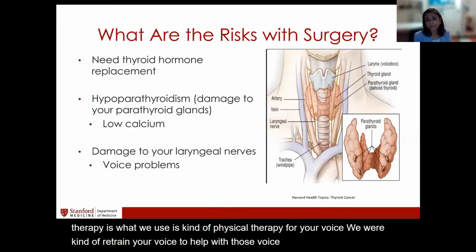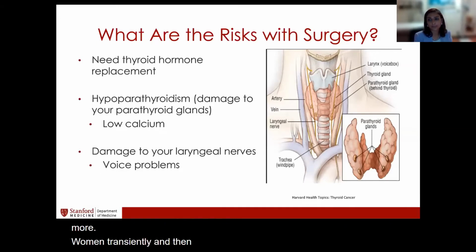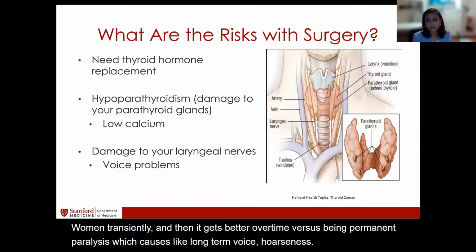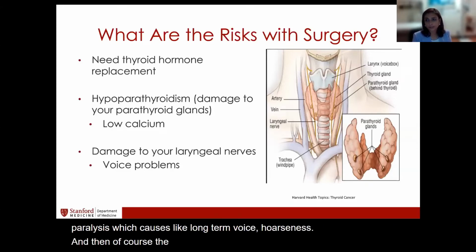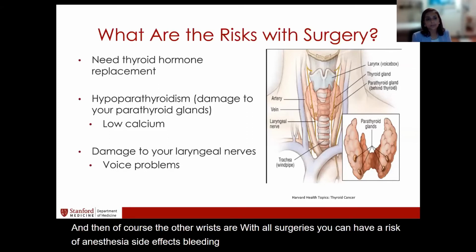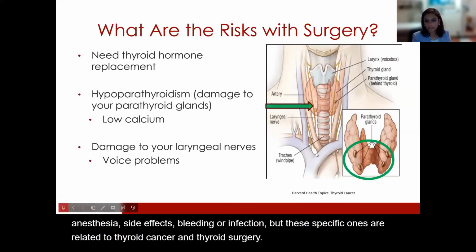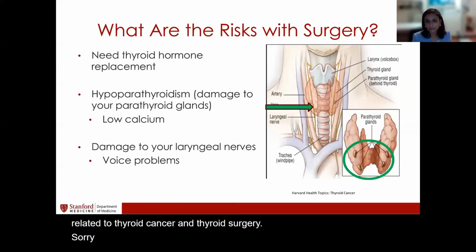That, again, is more common transiently, and then it gets better over time, versus permanent paralysis, which causes long-term voice hoarseness. And of course, the other risks are with all surgeries: anesthesia side effects, bleeding, or infection. But these specific ones are related to thyroid cancer and thyroid surgery. Sorry, this is where the recurrent laryngeal nerve was.